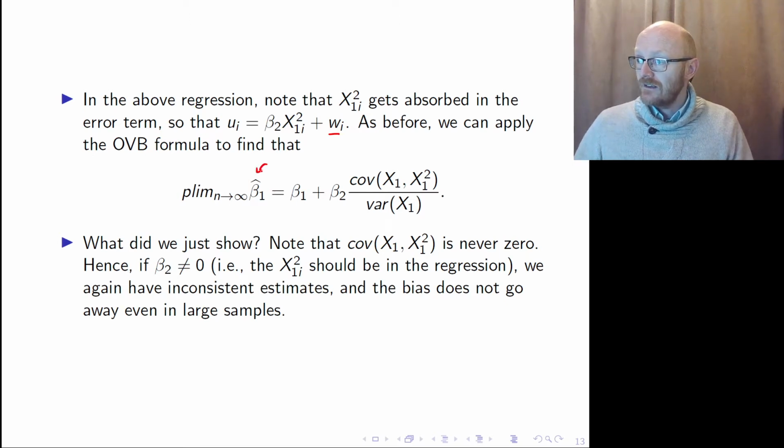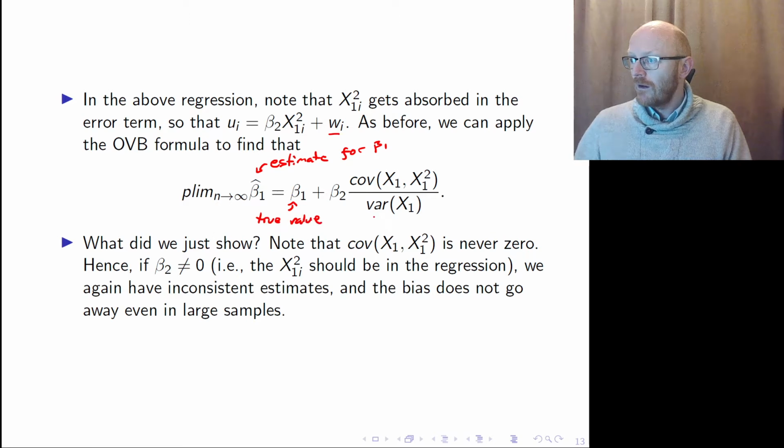Our estimate for beta 1, which is the effect of one extra unit of x on the y variable, is equal to the true value plus this omitted variable bias.